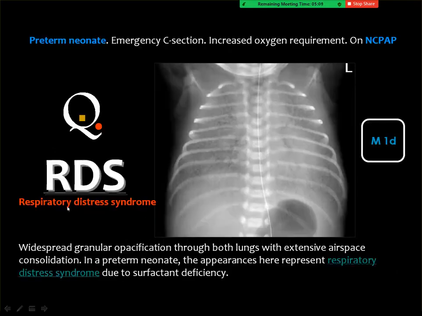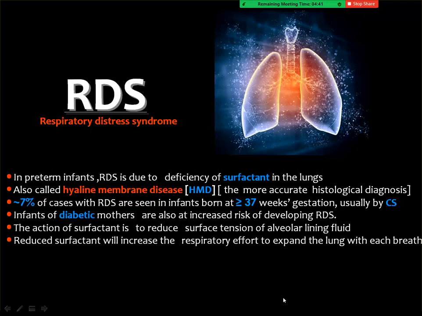And you have got the answer here. This is widespread ground glass opacities with some air bronchogram in a premature neonate born by emergency cesarean section with increased oxygen requirement. He is only 1 day old, and you got the classic appearance for respiratory distress syndrome or hyaline membrane disease.